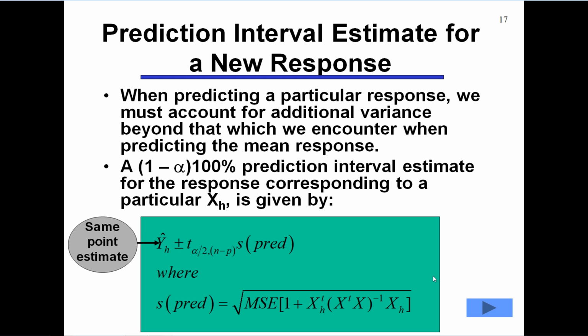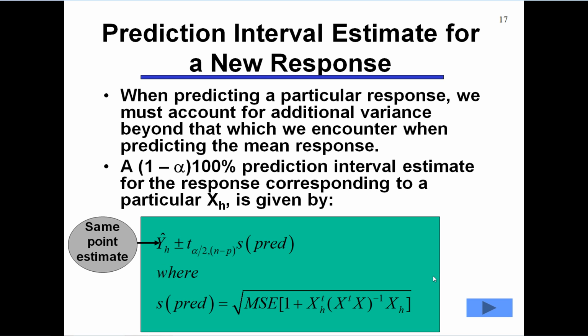And we can prove that the standard deviation associated with the estimator used for that prediction is the square root of 1 plus x sub h transpose times x transpose x inverse times x sub h, hit by our best guess for sigma squared. And we take the square root of that to get the standard deviation of our prediction.